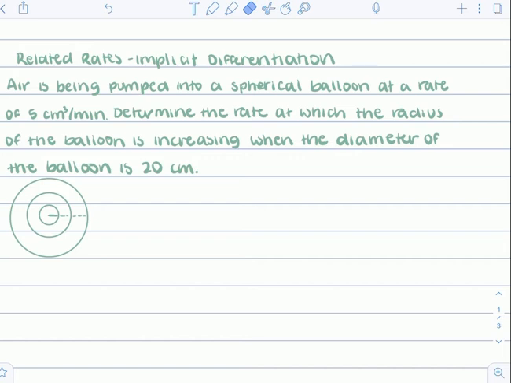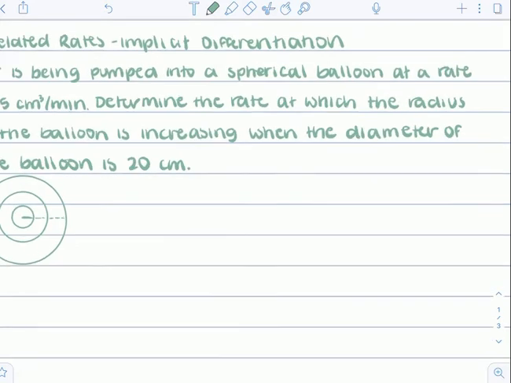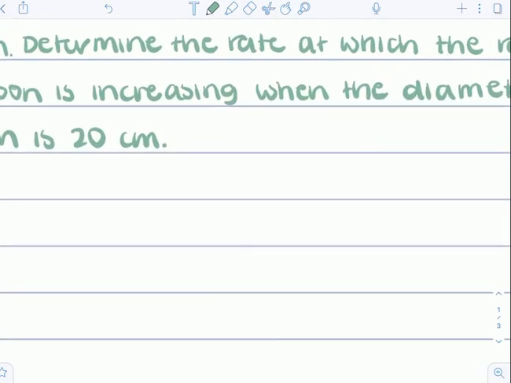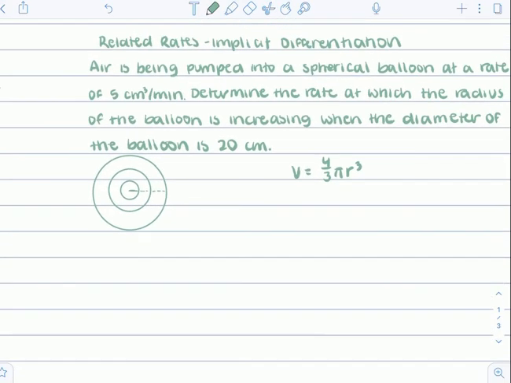And so finding what rate the volume increases will help us find the radius and how that increases as well. So we have volume equals 4 over 3 pi r cubed.